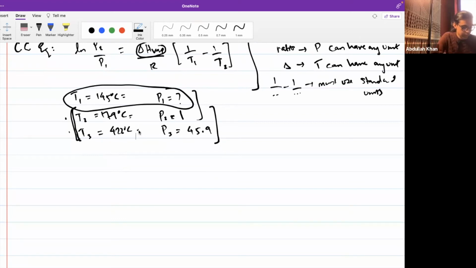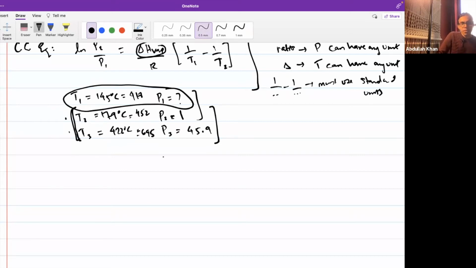Okay, what do we have? 145 plus 273, I'm just going to ignore the 0.15, is 418. 179 plus 273 is 452. And lastly, 422 plus 273 is 695.